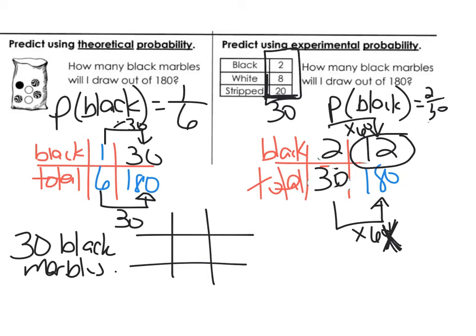As long as you could set it up with the favorable outcome on the top and then the total, then you should be fine. So any questions on this? No? You guys got it? I know it was a lot. Yes, a lot of it was review from yesterday. So hopefully you understand it a little bit better.